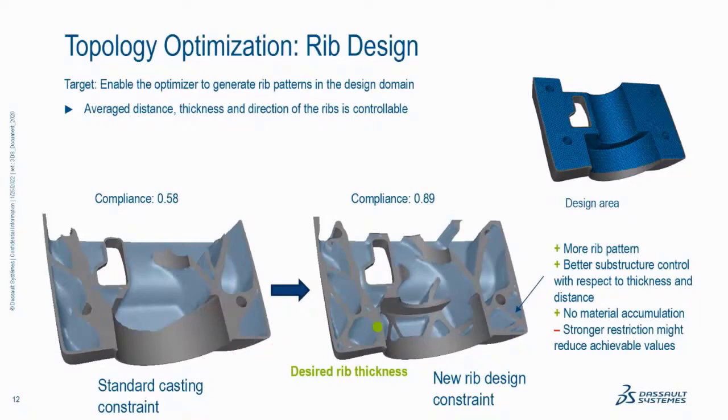So now with this feature, we can control the thickness of the rib, the distance between the ribs, the direction as well in which the ribs are created. And this means the structure is more manufacturable. The cost here is that we may not be able to achieve the same objective function as before because we have placed more restrictions on the optimization. But ultimately, this is easier to manufacture.